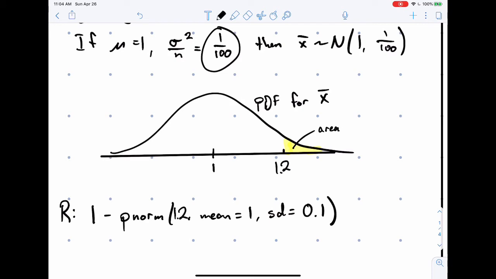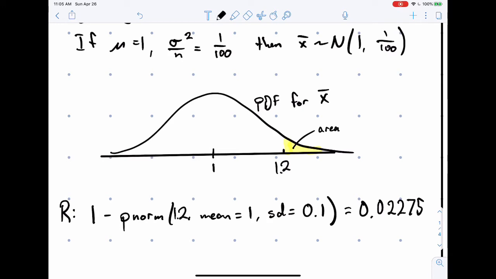The square root of 1 over 100 is 1 over 10, which is 0.1. So here is our calculation, and this is equal to 0.02275. That is the probability of seeing something as extreme as this, so roughly 2% or so.